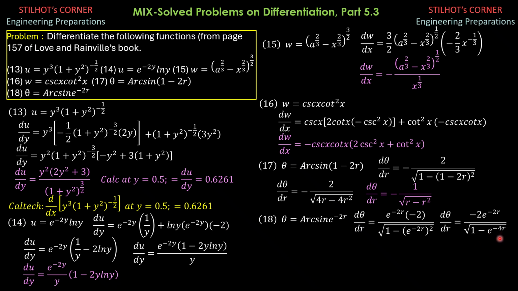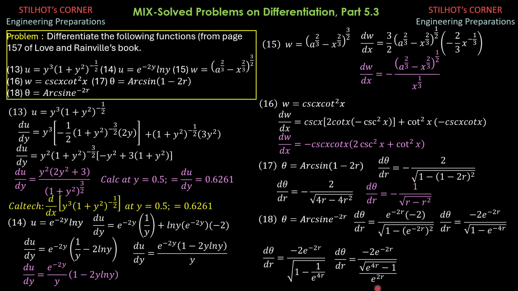We then write e to the negative 4r as 1 over e to the positive 4r. So d theta dr is negative 2e to the negative 2r over square root of 1 minus 1 over e to the 4r. Simplify the denominator. This is negative 2e to the negative 2r over square root of e to the 4r minus 1 over e to the 2r, because square root of e to the 4r is e to the 2r.